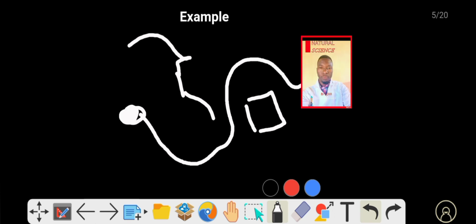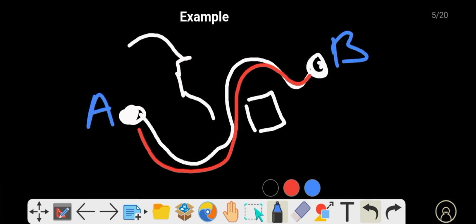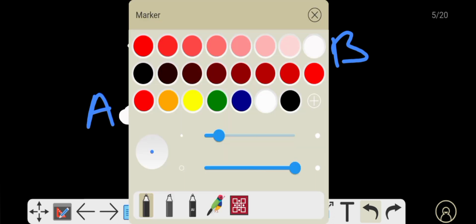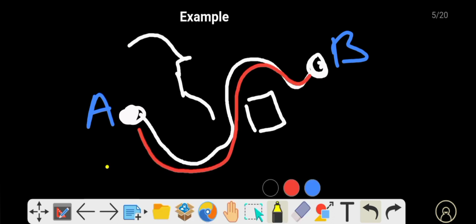If we had to add the distance that I'm going to cover as I move from point A to point B here, that length is going to be distance. My displacement should be in this direction, a specific direction.